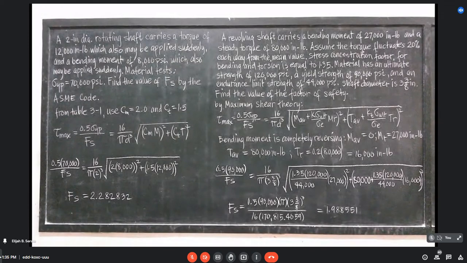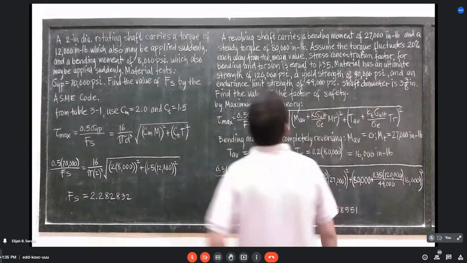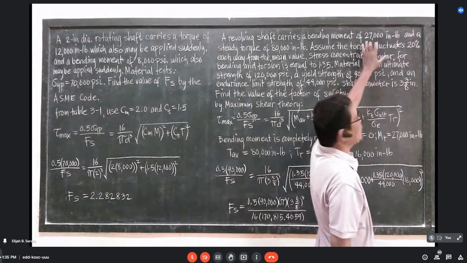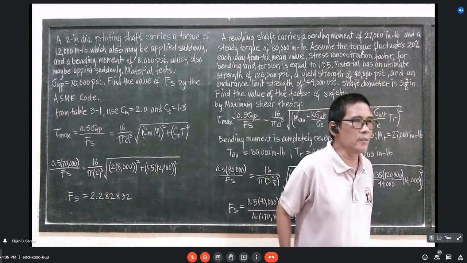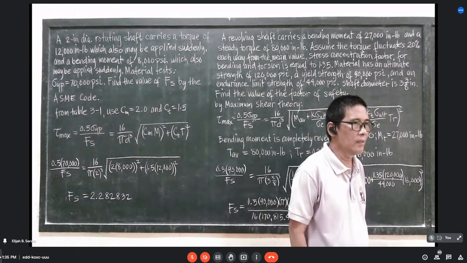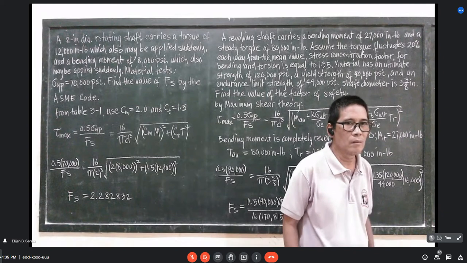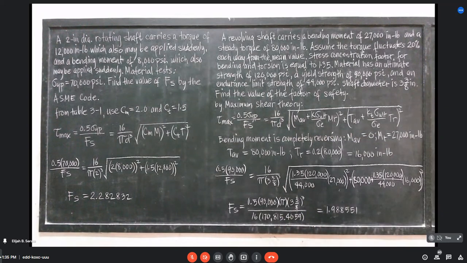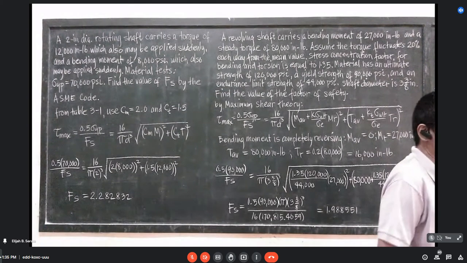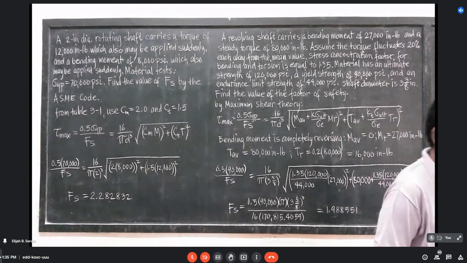Okay, class, going back to the 27,000. Why is it range? We do not accept just because it is being written on the board that it is supposed to be range.